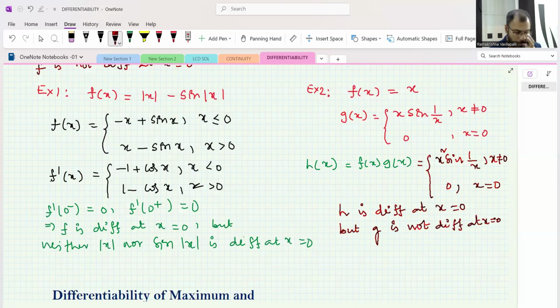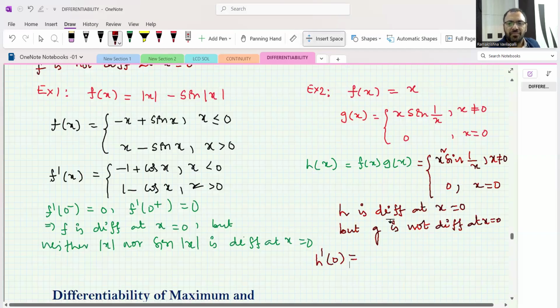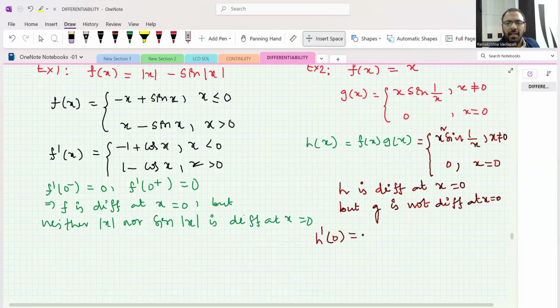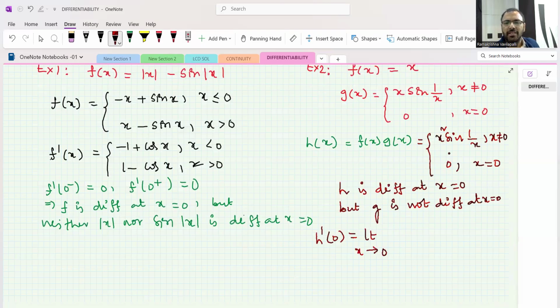If you want me to explain what h dash of 0 is, I can write it in just one step. It won't take more than a minute. Limit x tends to 0, what is h of x? x square into sine 1 by x. And what is h of 0? 0.